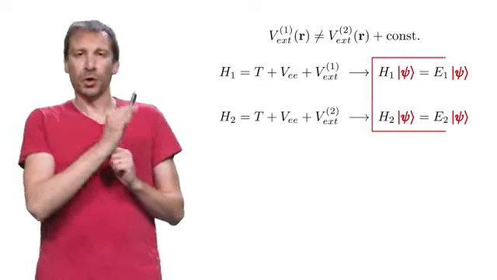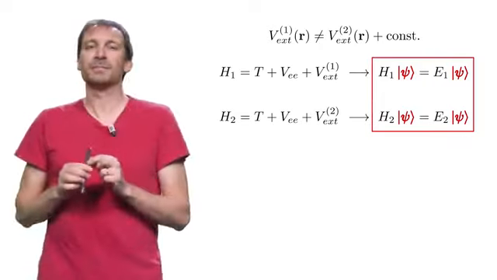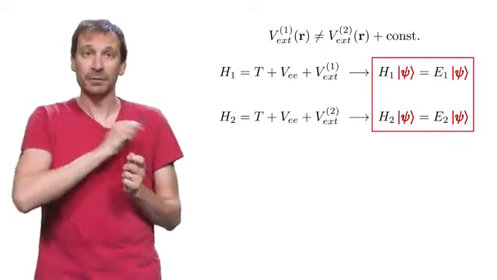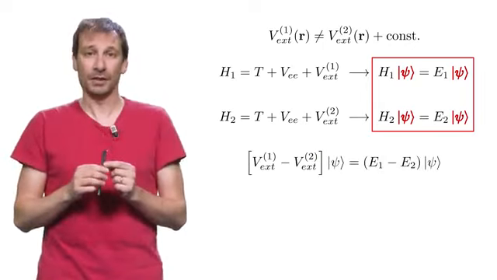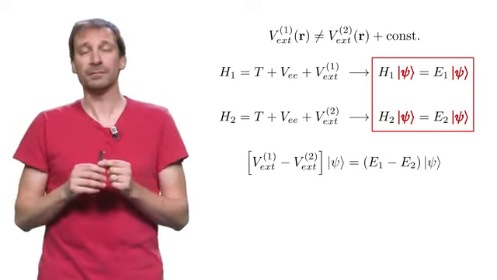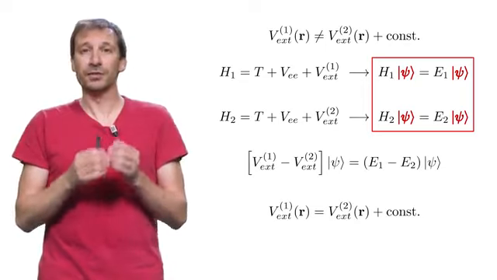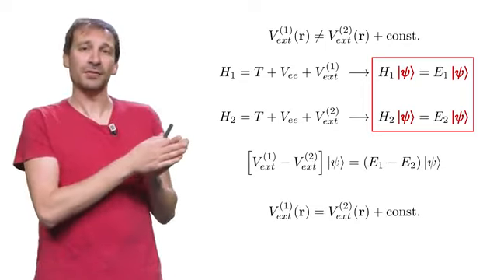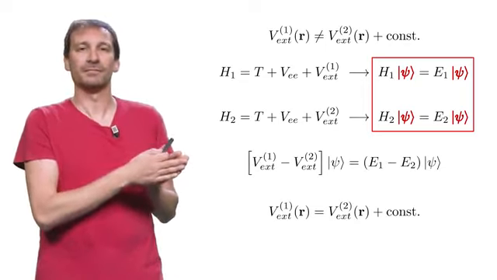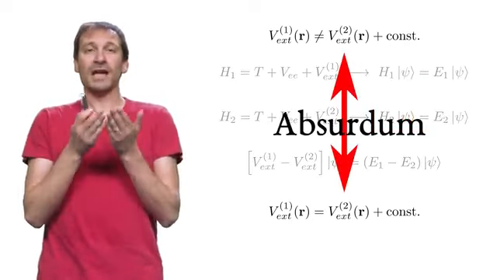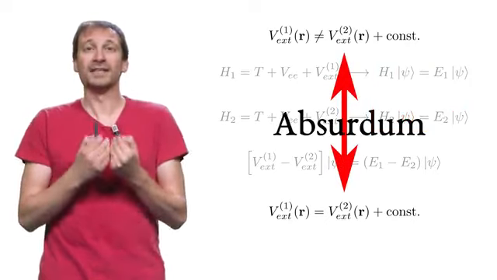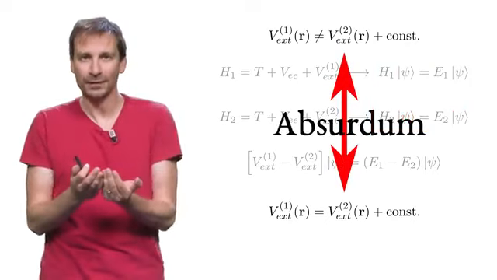If we focus on the two Schrödinger equations and we take the difference between the two expressions, since the difference in the Hamiltonians is only the external potential, we reach the result that the potentials only differ by a constant, which is a contradiction, the absurdum, because our initial assumption was that the two potentials were different.